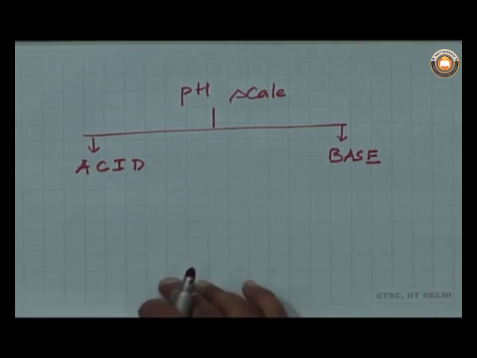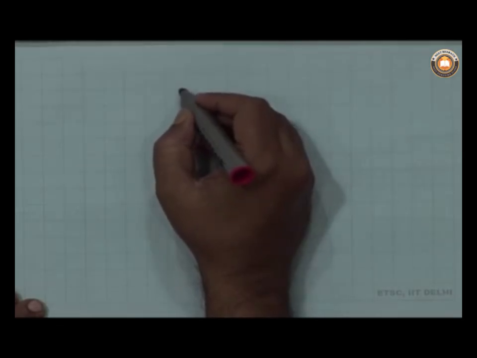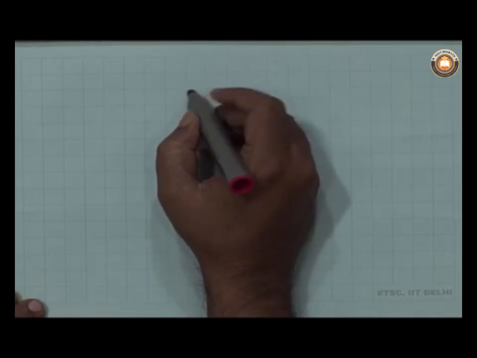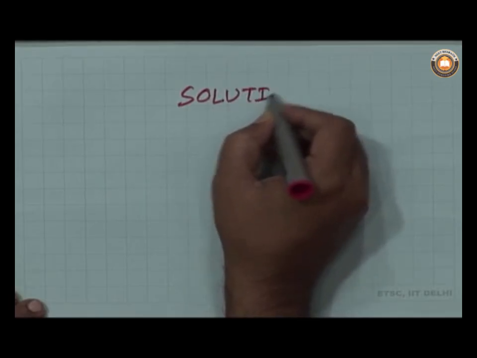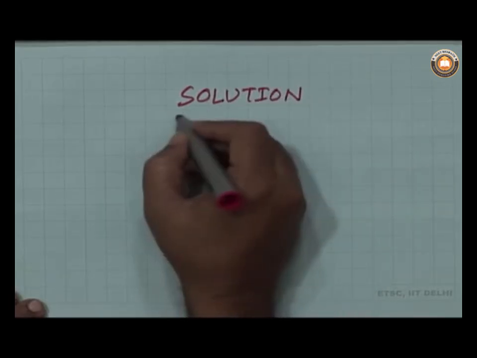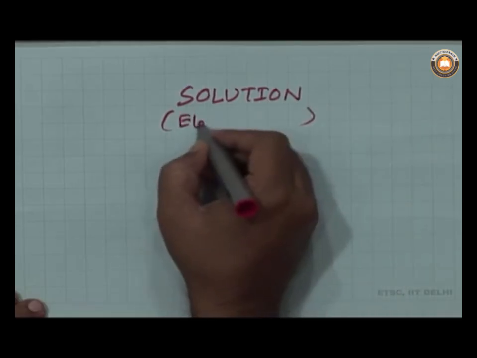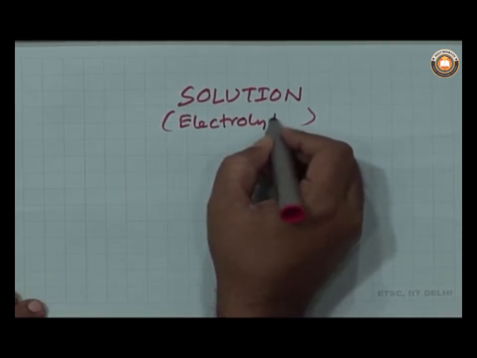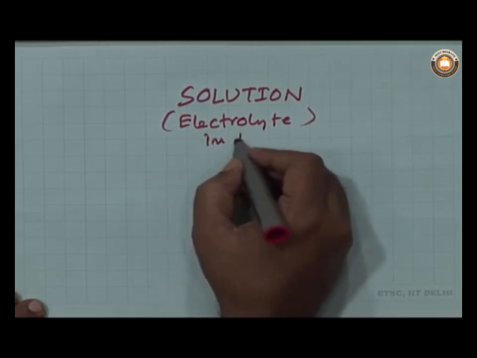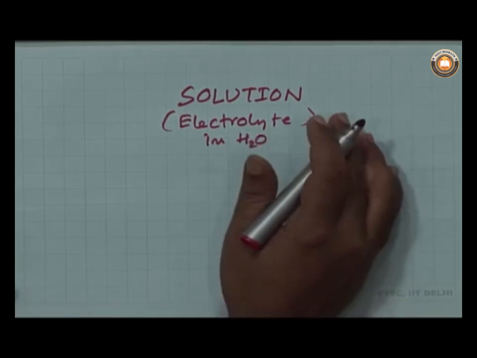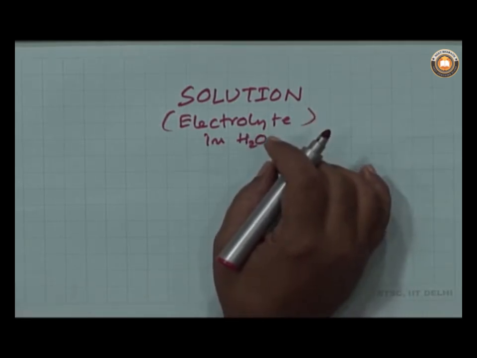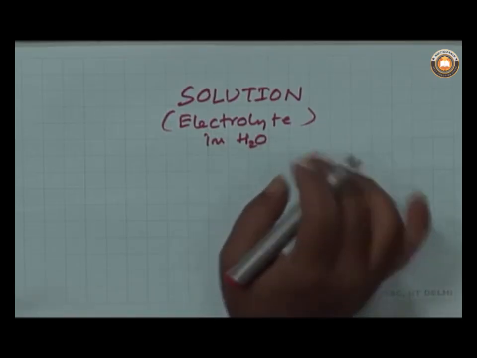Okay. So, first, how do we know whether a particular solution is acid or base? If I take a solution which is basically a salt or any electrolyte in water, when will it be an acidic solution, when will it be a basic solution? Okay.